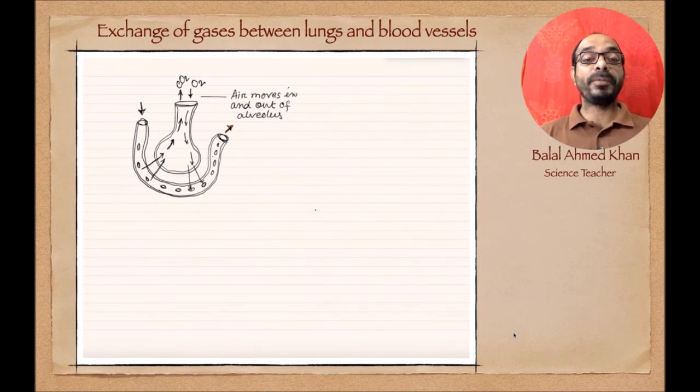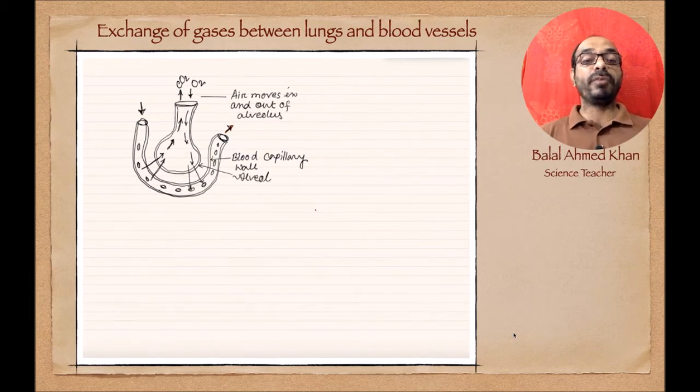With the help of this process, the internal balance of our body is maintained. The blood capillary wall is single layered epithelial tissue. This wall is very thin. For this reason, the diffusion process easily occurs through this layer.